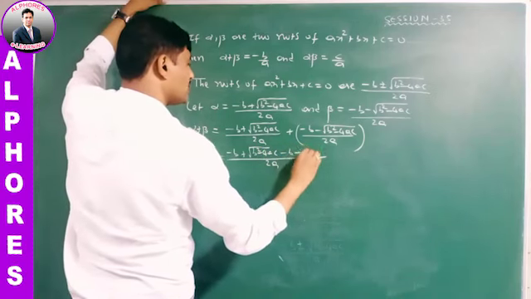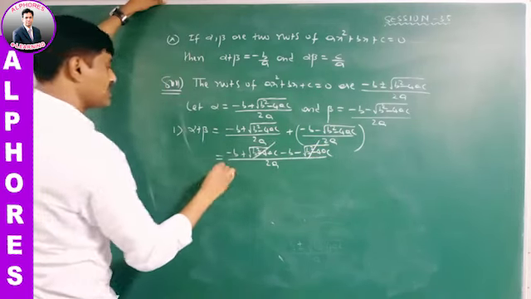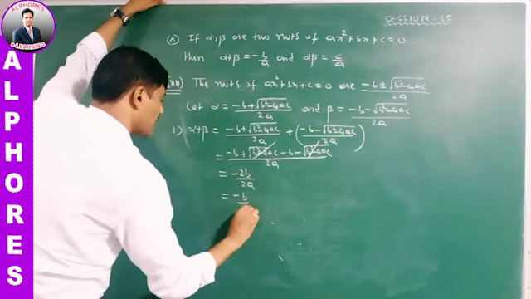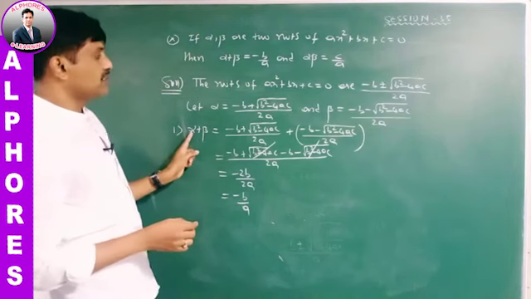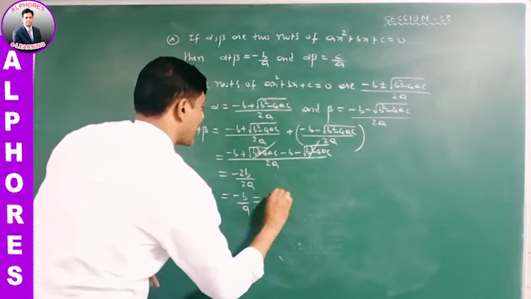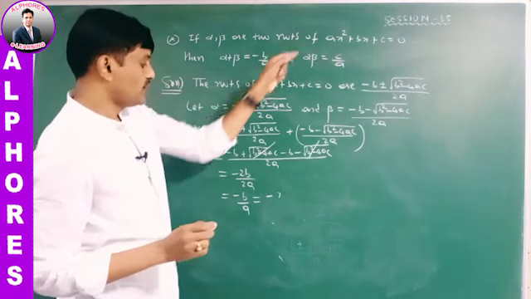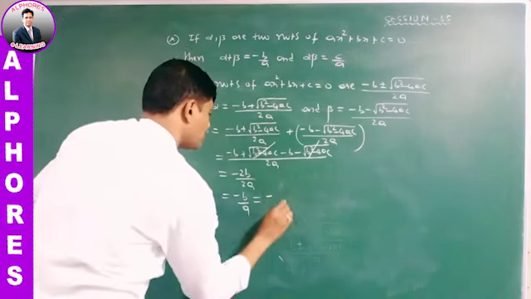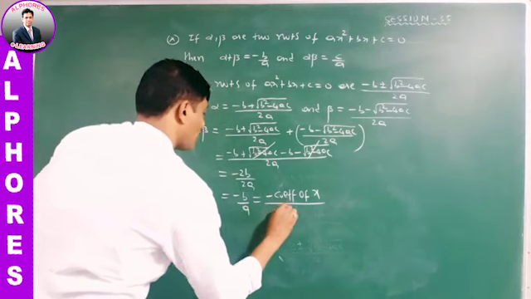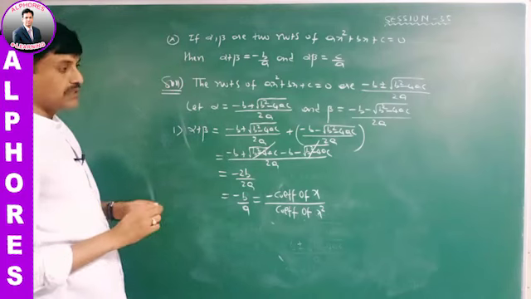This is the sum of the roots, always −b/a, which is nothing but minus the coefficient of x divided by the coefficient of x².